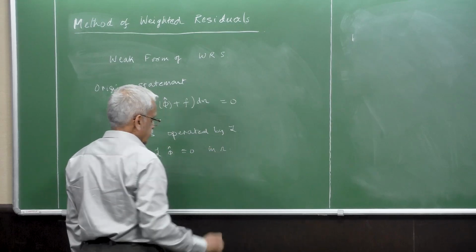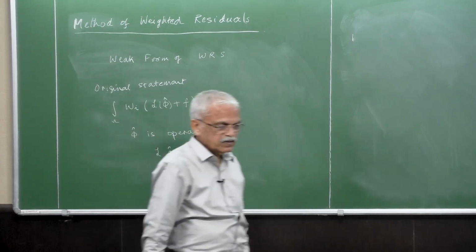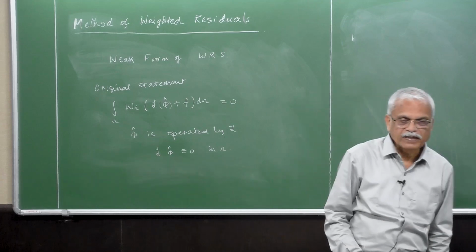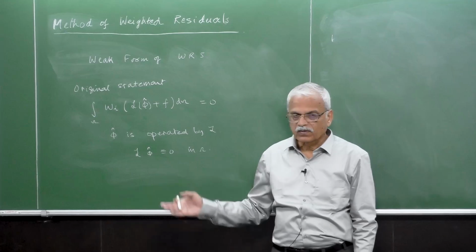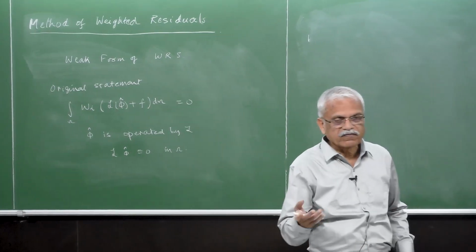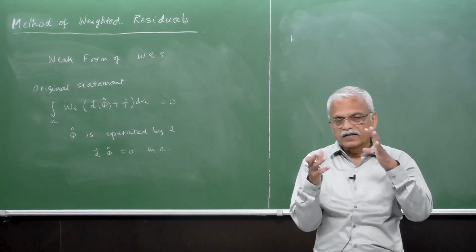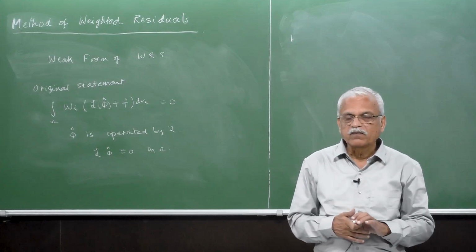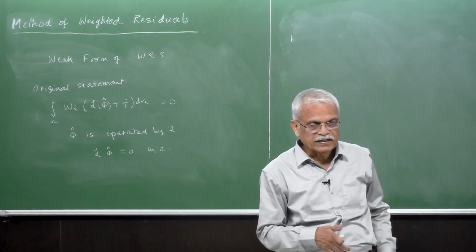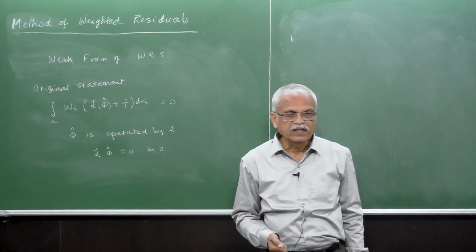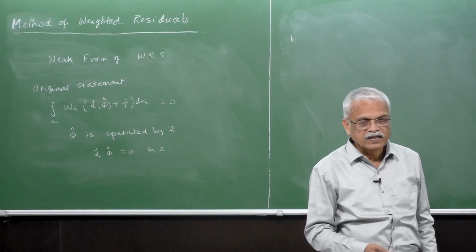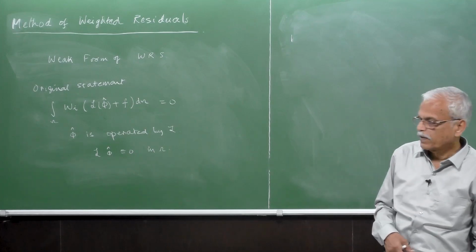This is very important. It should not be completely identically 0 all over. That's number one. Number two, it should not be undefined. Undefined in the sense that if a function has multiple values at the same location, then it is not properly defined. It should be unique at any point. It should not be multiply defined.